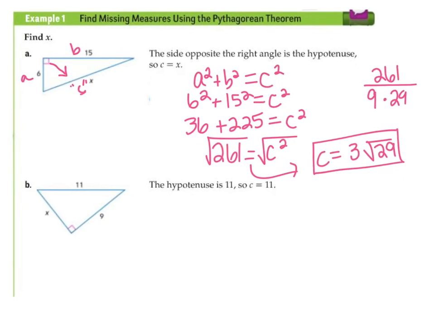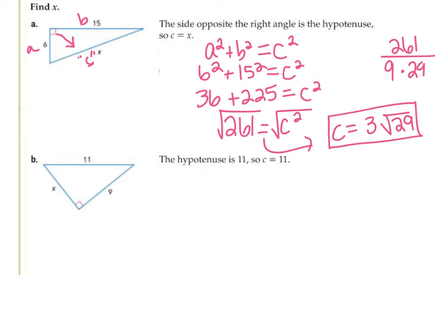And then the next example, we are just looking for a leg length. When we are given the hypotenuse, we can say again a squared plus b squared equals c squared. A and b, again, it does not matter which ones are the legs. In this case, a will be our missing variable, and c squared is 11 squared.